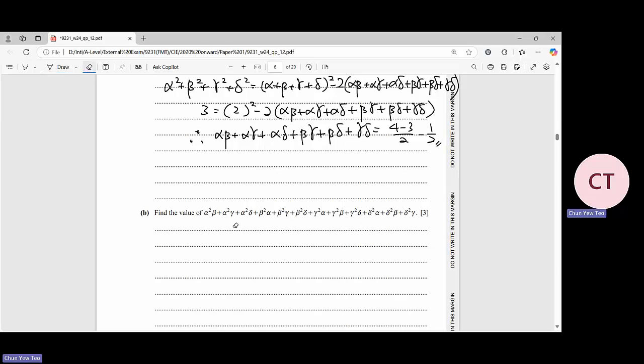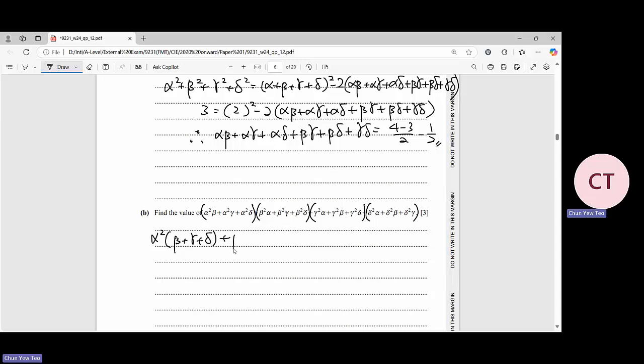And for part B, the equation looks very long, but if you look at it carefully, this is group number 1, this is group number 2, this is group number 3, and this is group number 4. We separate them into 4 different groups. It is a bit long to write everything down, so I will straight away factorize group number 1 and I get this. Group number 2, if I factorize it, I get this.